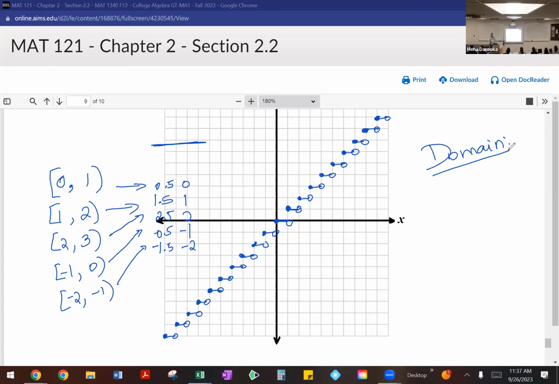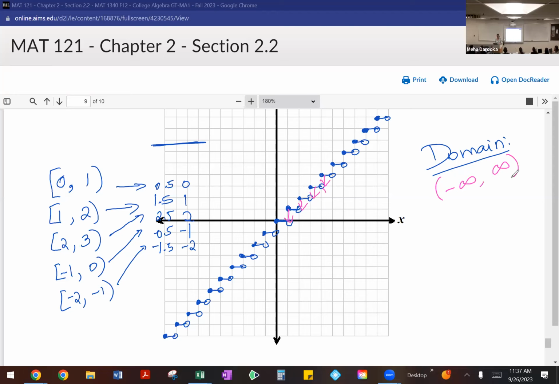All real numbers? Again, think about what happens if we squish all those little steps together. If we bring them all down and stack them on top of each other, that open circle is going to go right on top of the closed circle, and that's going to happen for all of these points. So if we compress this, it will end up looking like one single straight line. As far as the domain goes, you're not skipping any values. So yes, very good, it is going to be all real numbers.